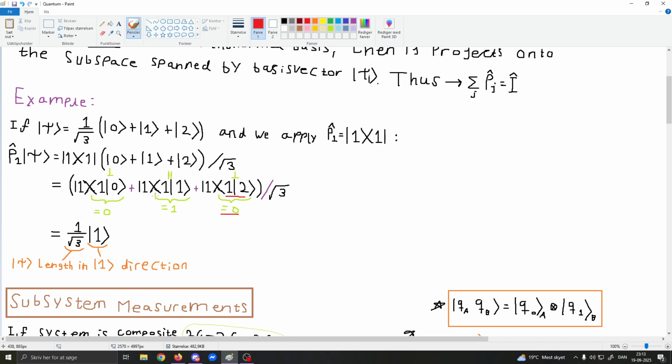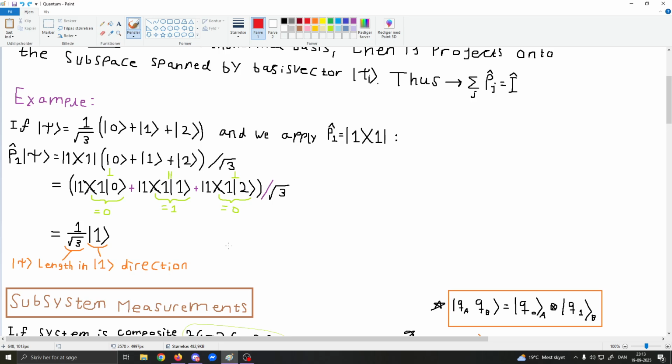Let's now look at the specific case, which is what happens here. Since this becomes 1, it just becomes the number 1 multiplied by this ket here, which is the leftover after this one has been expanded in an inner product. So we get the resulting state right here, which is 1 over square root of 3 multiplied by the projected basis vector.